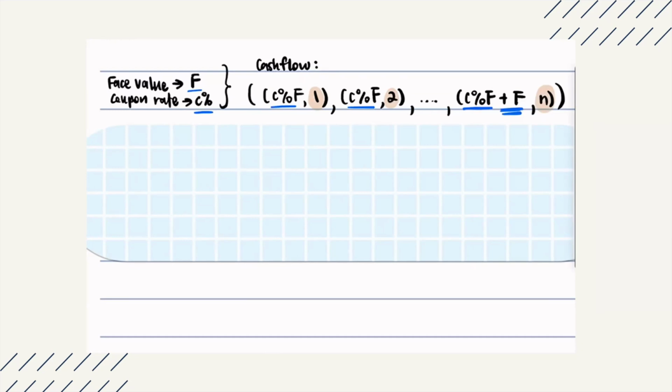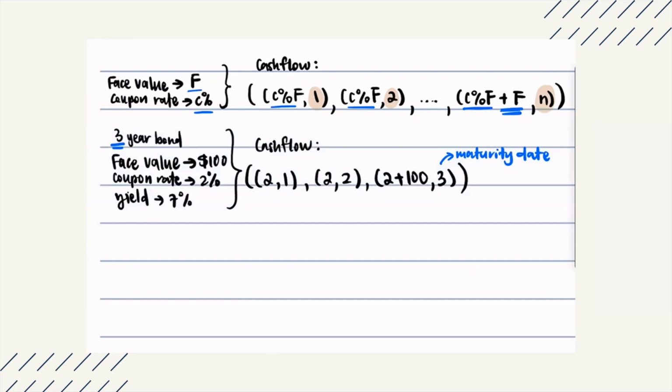Now let's take an example with real numbers instead of working with just alphabets. So let's say you have a 3-year coupon-paying bond with a face value of $100, coupon rate of 2%, and a yield of 7%. In this case, your cash flow would take the following form.